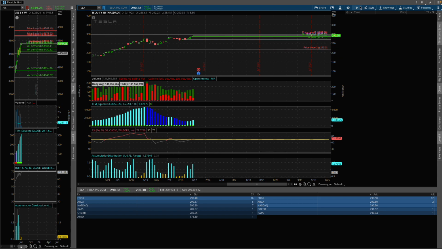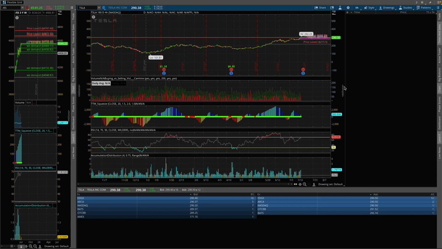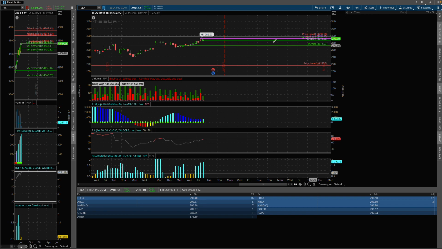Also, let's move down to another time frame, a 4 hour, and let's see what's taking place here. On a 4 hour, I noticed right here that we had a previous supply zone at 270 up to 275, and I see that we have gapped up above this area and that at 283-ish we started to have resistance, and we consolidated for a while here.